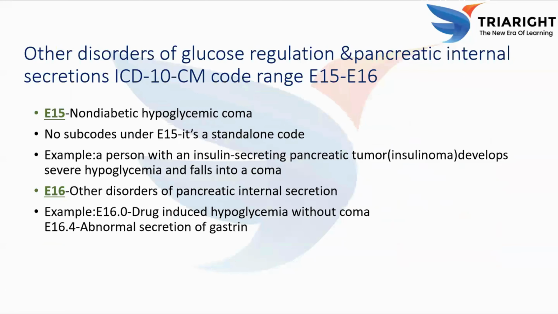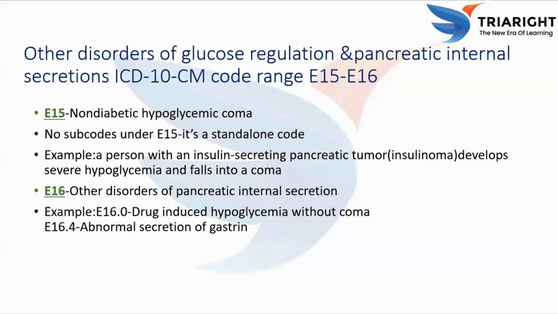Next, coming to the codes of glucose regulation and pancreatic internal secretions. These codes range from E15 to E16. These codes are used when there are problems with glucose regulation or pancreatic hormone secretion, but the condition is not diabetes.